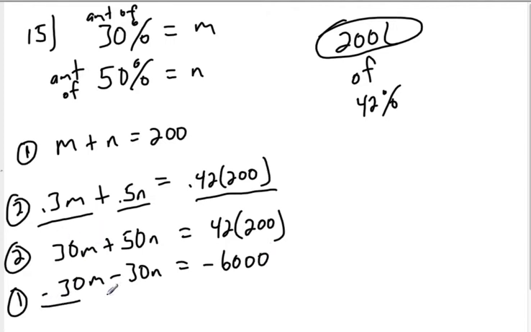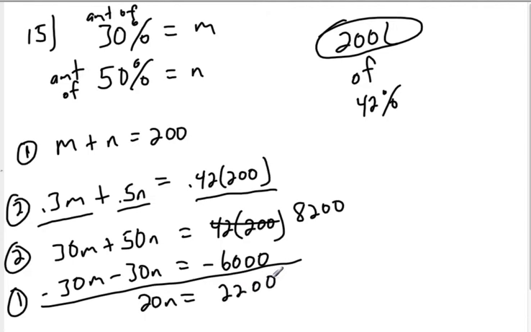Now I can add these together, and I get 20N equals 42 times 200. It is 8,200. So that was 8,200 minus 6,000, so 2,200. Divide that by 20, and I get what? Let's see, if I divide by 10, then divide by 2, so I think it's 110. Yeah. Okay, so if that's 110, then M must be 90.